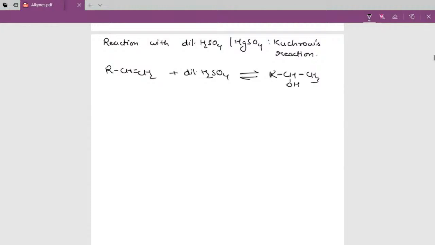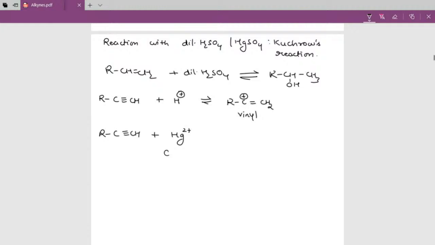Now if I proceed the same way for alkynes, simply adding dilute H2SO4, H plus, then I will have a very high barrier for the reaction as I have to go for a vinyl carbocation, which is unstable. So, to decrease the barrier, we are adding Hg2 plus in the medium.